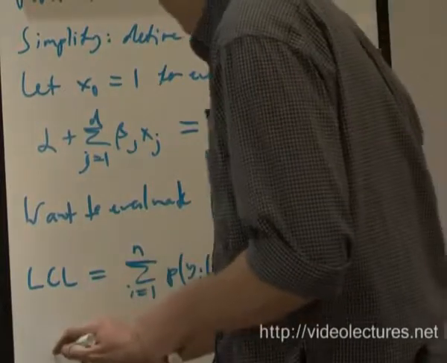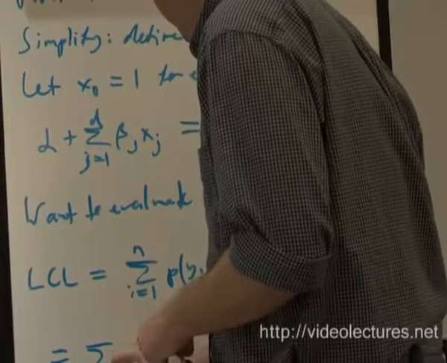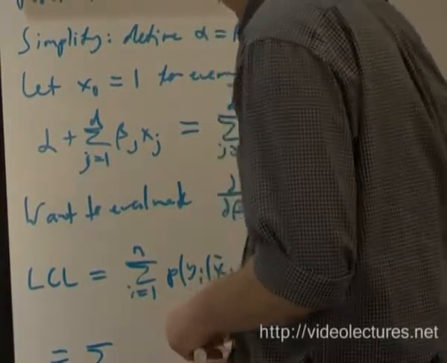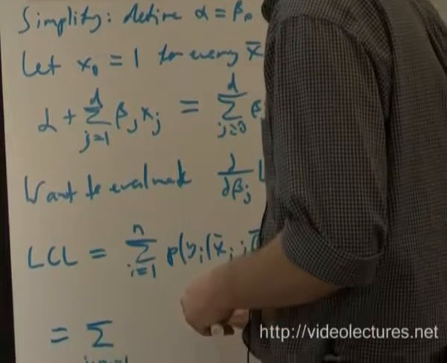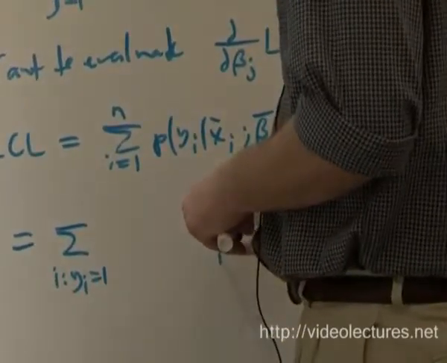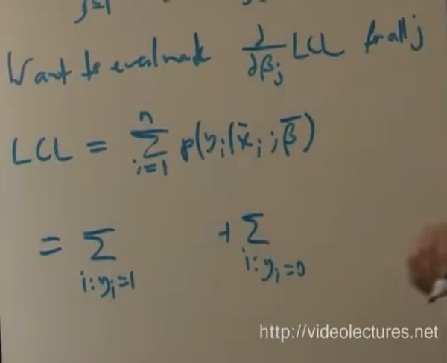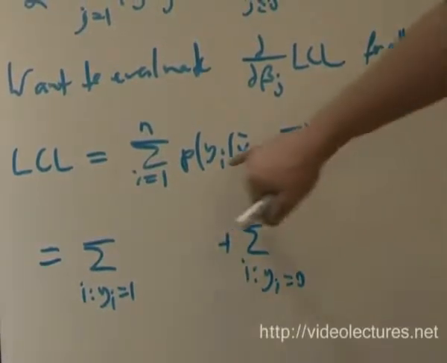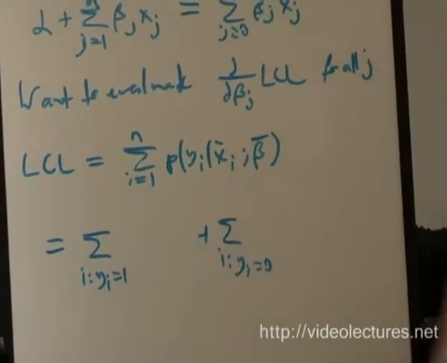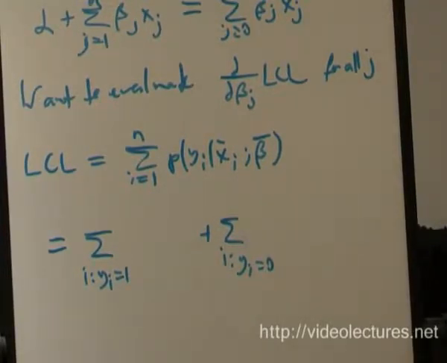And then I'm going to separate this out into two parts. So the i such that yi equals 1, plus the i such that yi equals 0. So every training example has a particular value for yi. And that particular value is going to be either 0 or 1. So I can just group the training examples according to their value for yi.